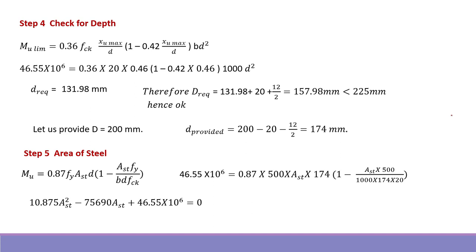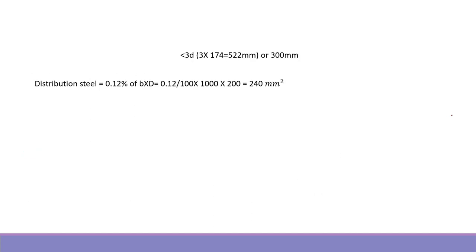And after solving the quadratic equation and neglecting the negative value, we'll get the value of Ast as 683.11. And if we consider 12 millimeter dia of rod, the spacing will come to 165, and let us provide 150 center to center, which is less than 3d or 300 millimeter.